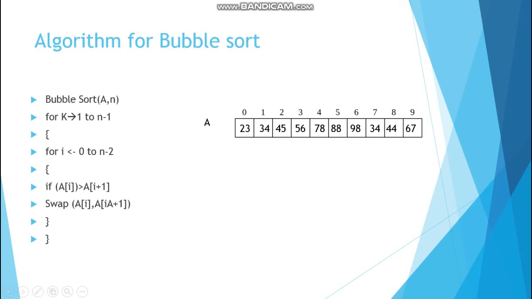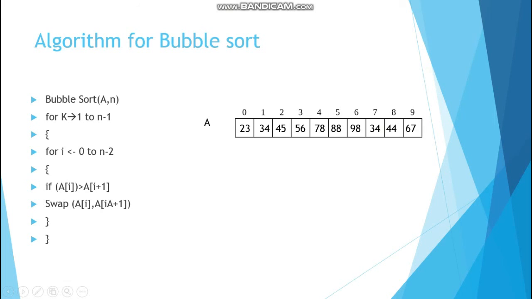For i equal to 0 to n minus 2. Here n minus 2 is written because we are considering the index positions, so the number will be lesser than 1.